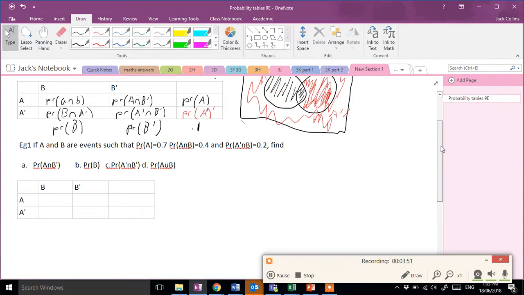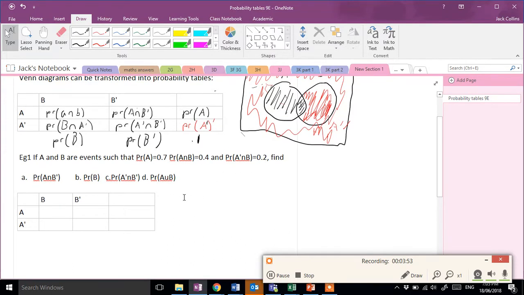So basically what you do is you give them a piece of information and then you just have to fill in the blanks here. So if A and B are events such that probability of A is equal to 0.7 and probability of A and B is 0.4 and probability of A dash and B is 0.2, find these 4 things. So first thing you do, don't overcomplicate it. You've got the information there. Let's add it into the table. So probability of A, we know that goes in this one here.